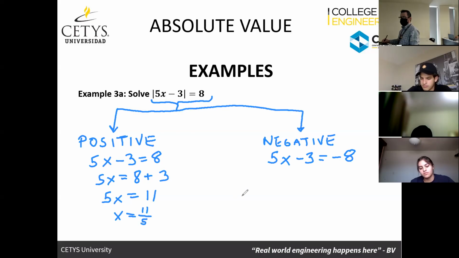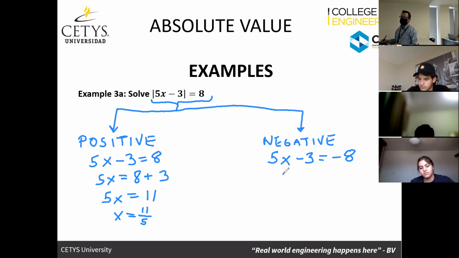That looks like a little face. That's the first solution. Remember, with equations with absolute values, you're going to have more than one solution. So the first value of x that complies with the expression is x equals 11/5.